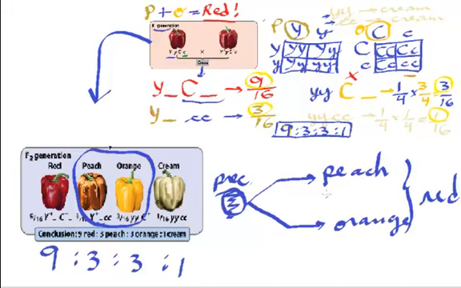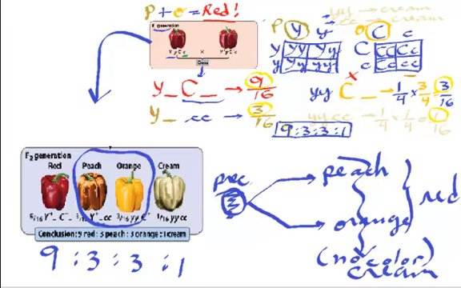And if these two are not expressed, you get a cream color or no color. This example of new phenotypes is clear.